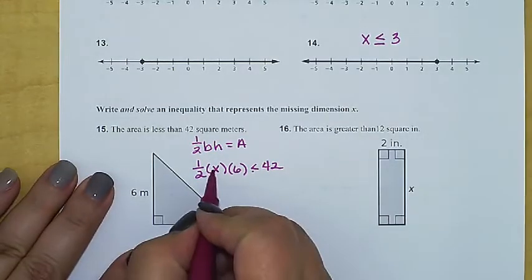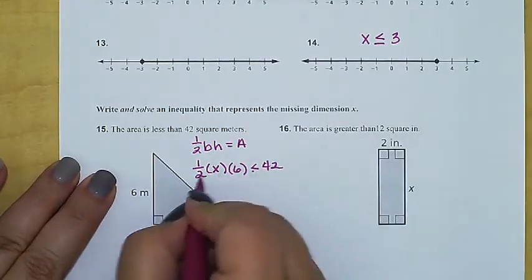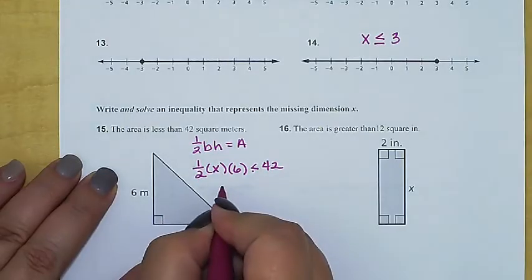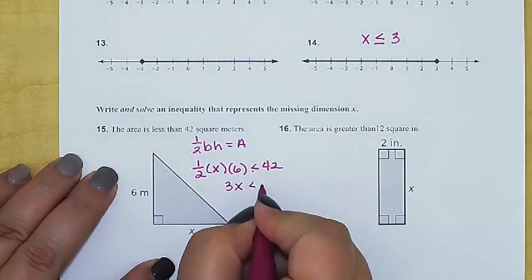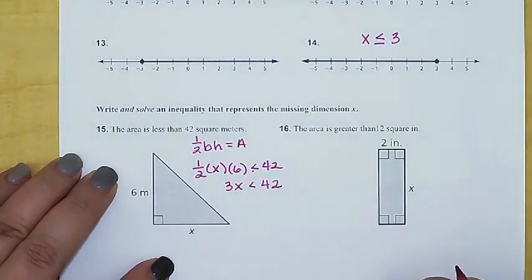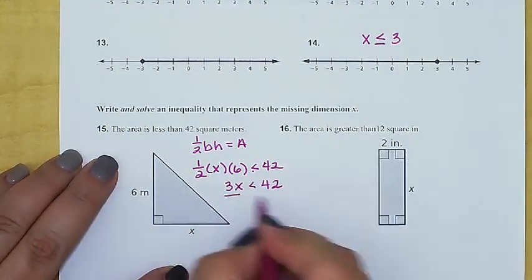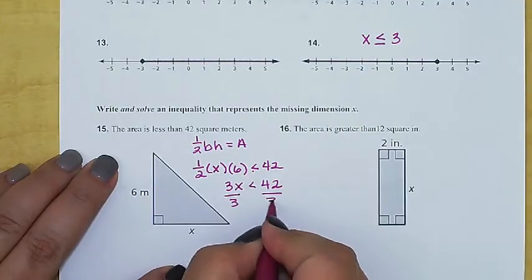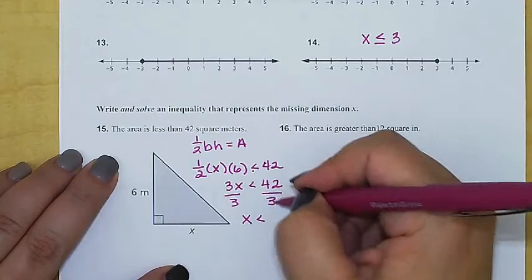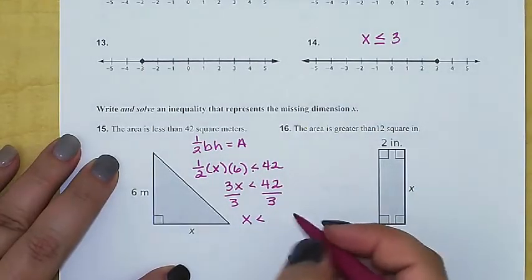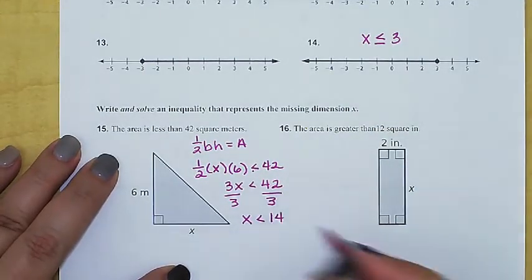We'll simplify this side, so 1/2 of 6, we can definitely do that. 1/2 times 6 is 3, so this just really simplifies to 3x. So it looks like that. And then to solve for x, we just divide by 3 on both sides, here and here. And I get that x is less than this quotient, 42 divided by 3. That happens to be 14.